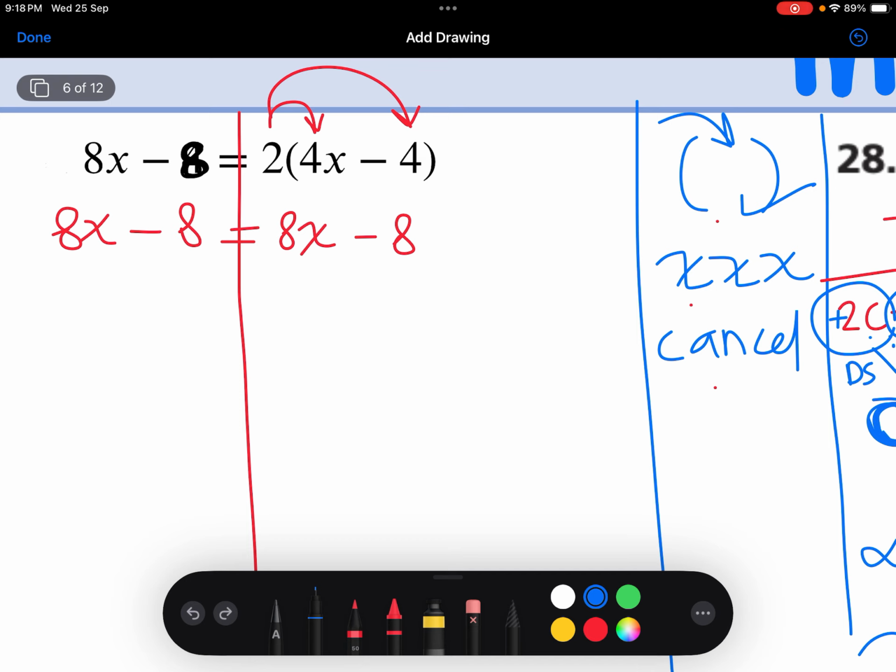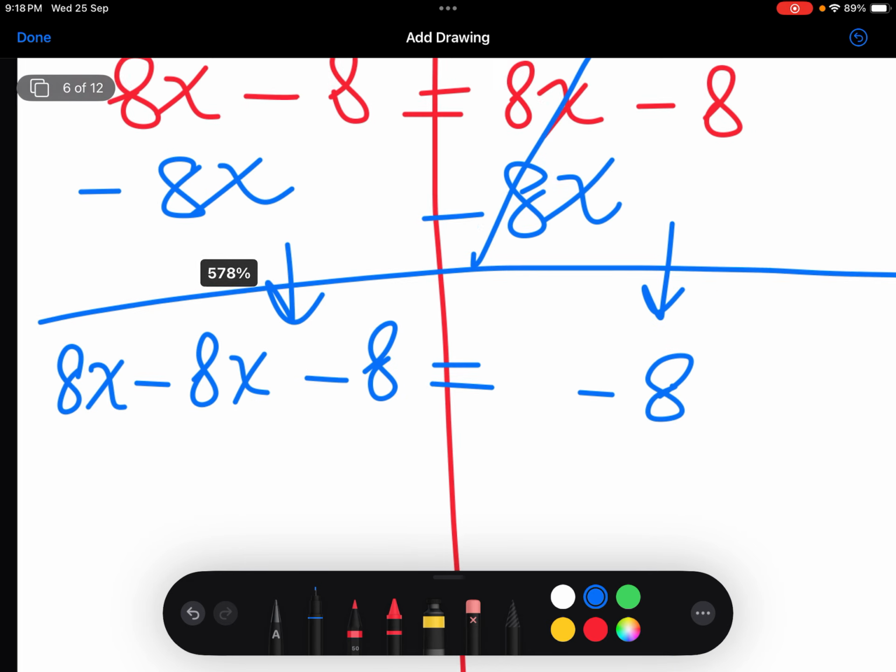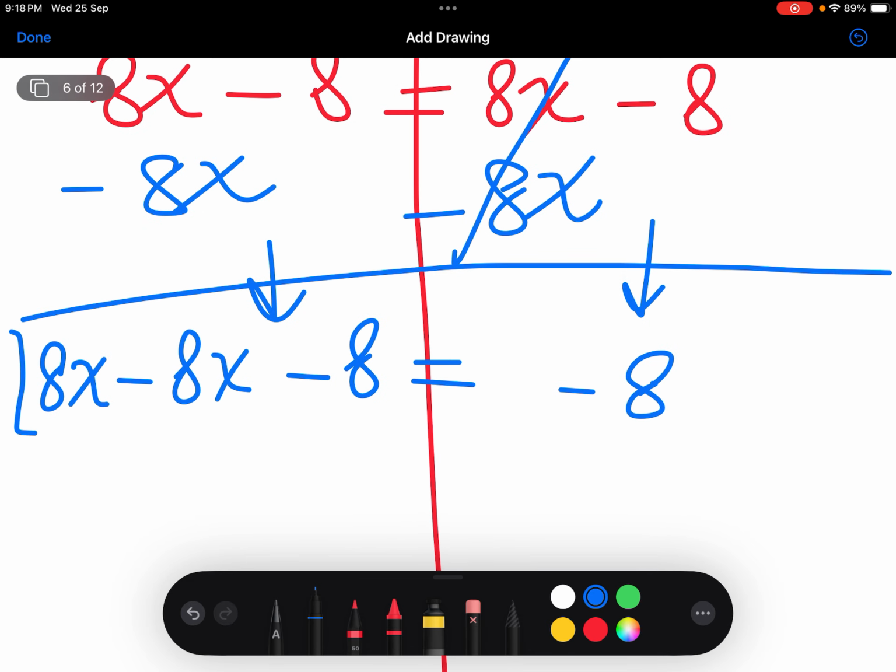Next, what should I do? I have variables on both sides. You just go ahead and cancel one of them. Negative 8x on both sides, of course. Cancelled. Now, on this side, I have negative 8. On this side, I have 8x minus 8x minus 8. Pay attention: 8x and 8x. These are variables. I need to combine them.